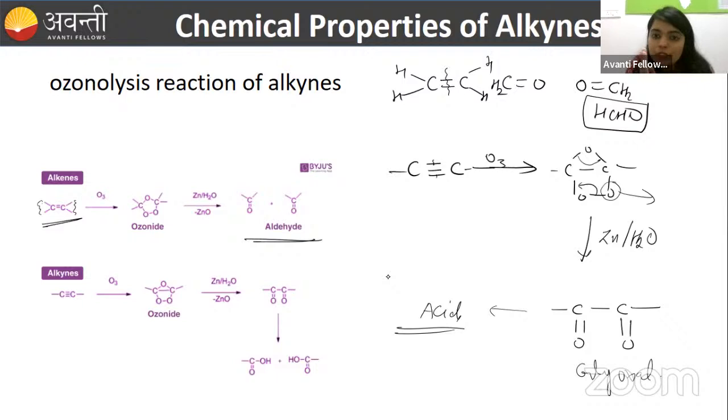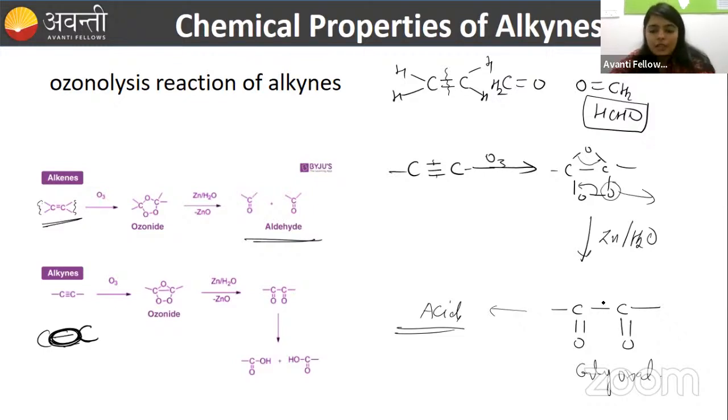In alkene we just broke 2 bonds and formed oxygen attached on both sides. But here you need to learn that this carbon-carbon bond will remain intact in the reaction. So we will end up with the glyoxal. Okay, so this is what we have learned so far.